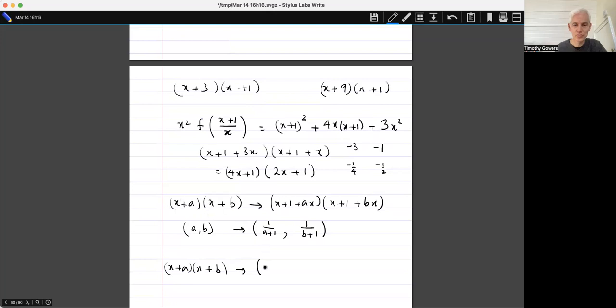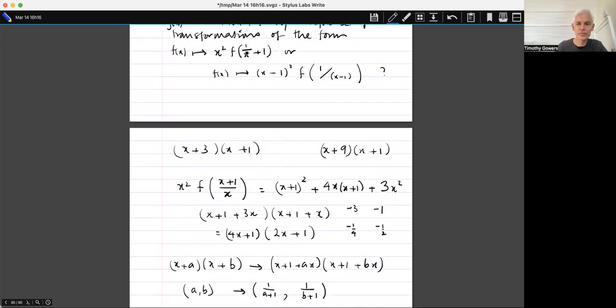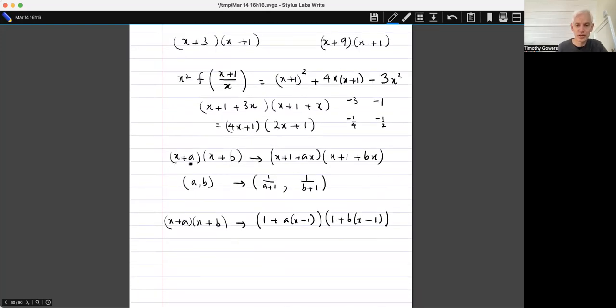So 1 plus a x minus 1, 1 plus b x minus 1. So just again, what did I do? If I apply f to 1 over x minus 1, I'll get 1 over x minus 1 plus a and 1 over x minus 1 plus b. If I multiply both brackets by an x minus 1, that turns into 1 plus a x minus 1, 1 plus b x minus 1.